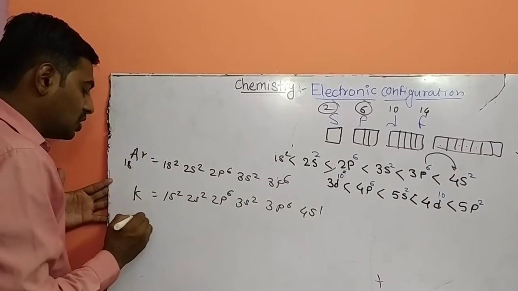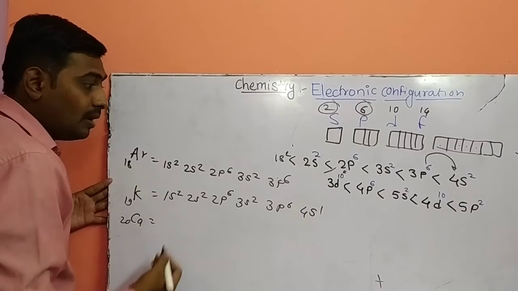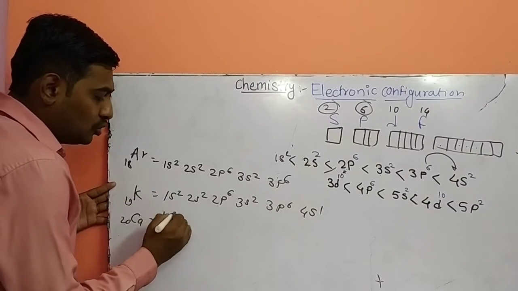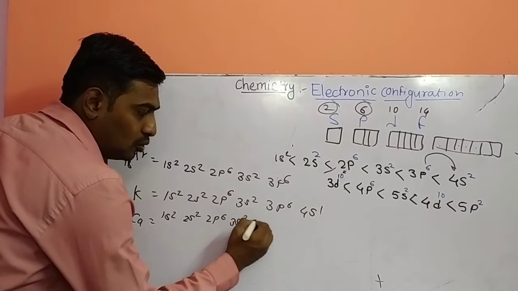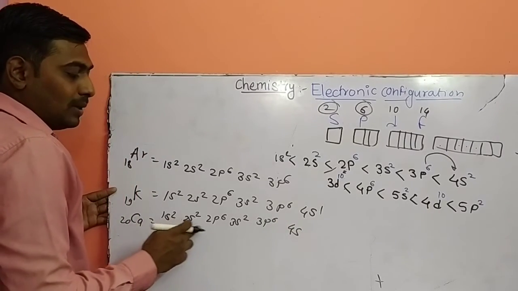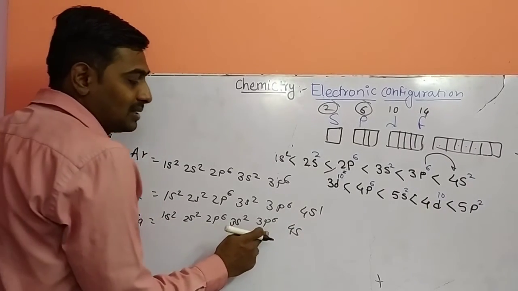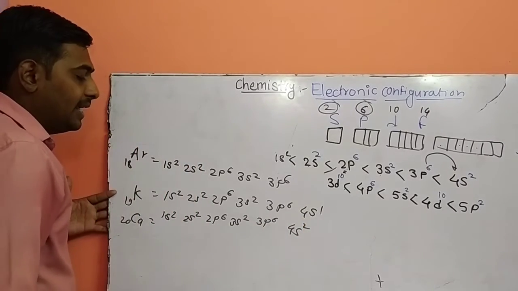If the atomic number is 20, that is calcium, then 1s2, 2s2, 2p6, 3s2, 3p6, and 4s2. 2 plus 2 plus 6 plus 2 is 12, plus 6 is 18, plus 2 is 20.